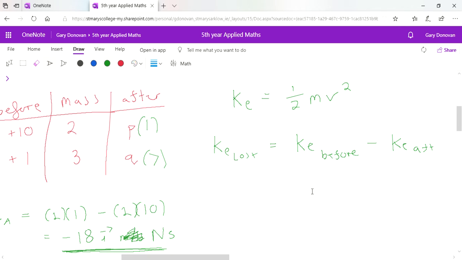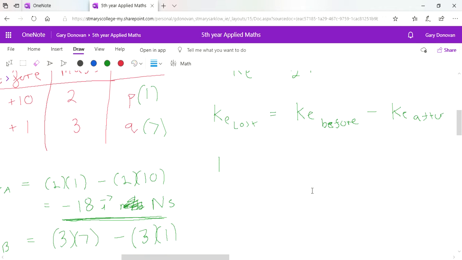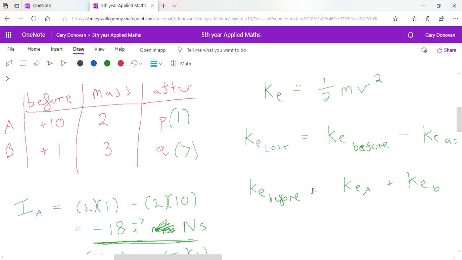Because if kinetic energy is being lost, then there must be more kinetic energy before and less after, so the loss is the difference between the two. So I find them out separately. What's the kinetic energy before? Well, before there's two things moving. It's going to be the kinetic energy of sphere A plus the kinetic energy of sphere B. And be careful, it's before, so we're only looking at this section here.